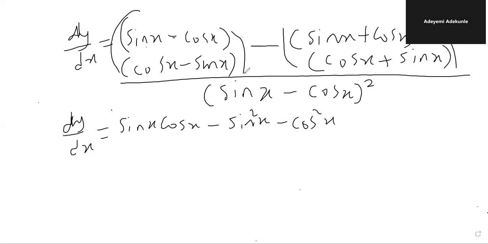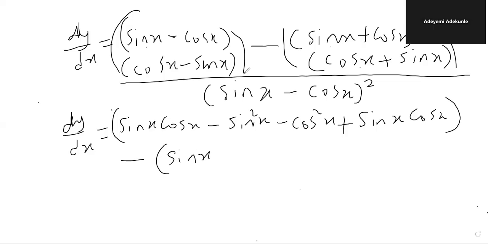Then minus cos x times minus sine x will be plus sine x cos x. That's the expansion of the first one. Minus the expansion of the second one: sine x times cos x, which is sine x cos x, then plus sine squared x, plus cos squared x, and also cos x times sine x, which is plus cos x sine x.